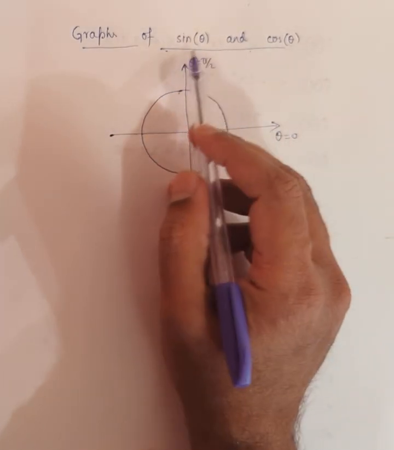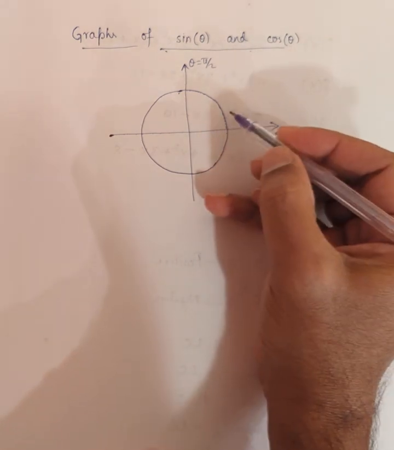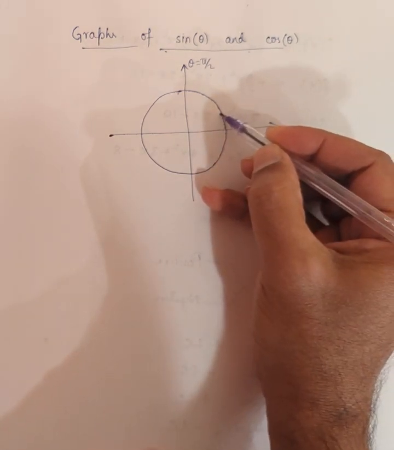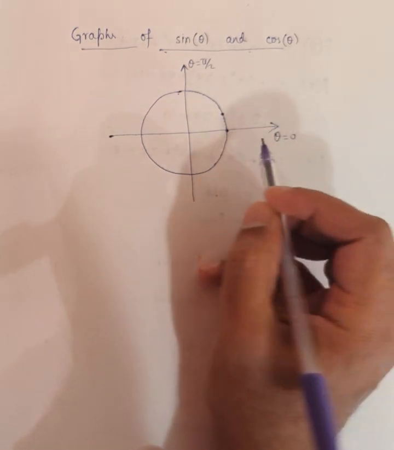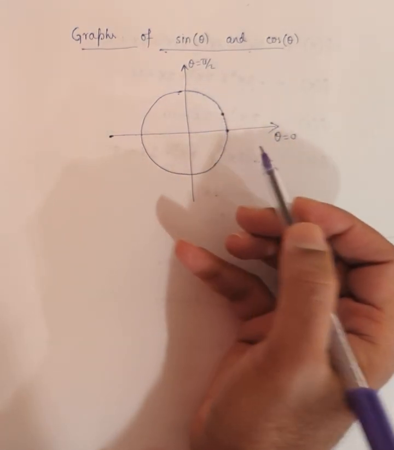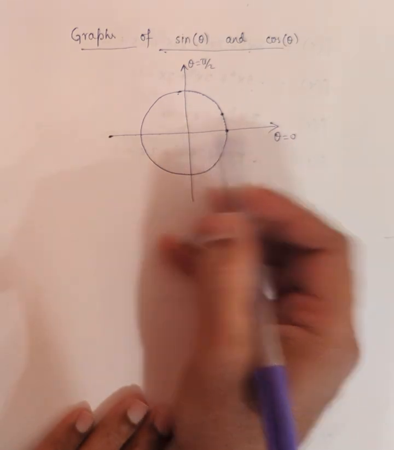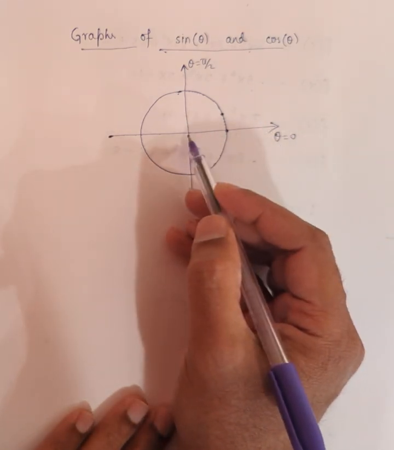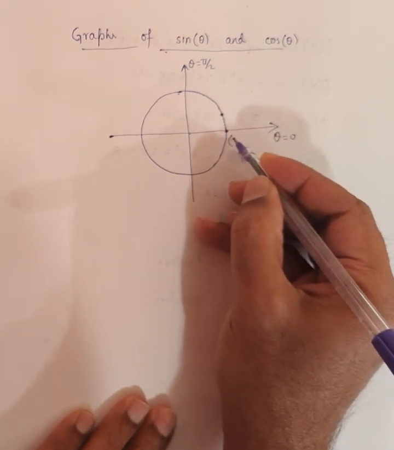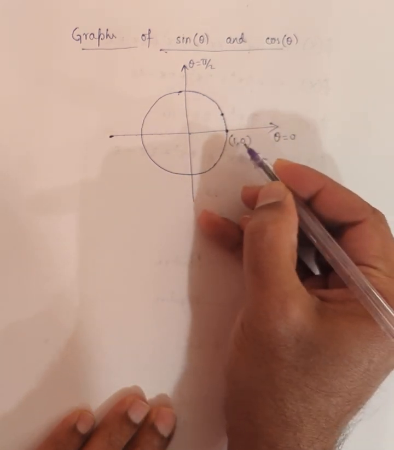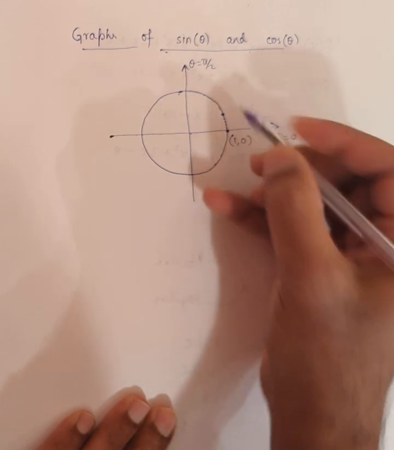We recall that sine theta is defined as the y coordinate of the point on the unit circle. And we measure the angle with respect to the positive x-axis. So the positive x-axis is theta equal to 0, and sine is the y value, which means sine 0 is 0.